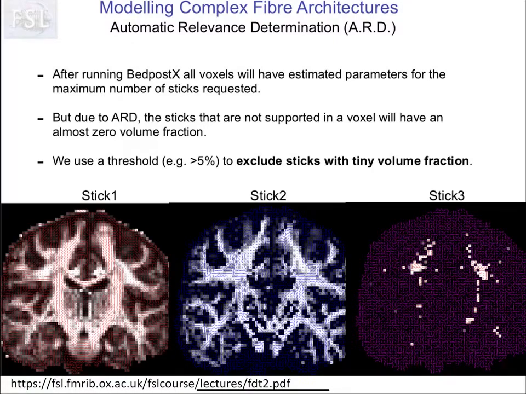At the end of the day, you can run this in FSL; it's called bedpostX. One thing they'll typically do is use a threshold of about, let's say, 5% to exclude any sticks that have a very tiny volume fraction. So if the model says 5% of this voxel might have a stick going in this direction, in general the feeling is that's probably just noise, and so we're going to discount that.